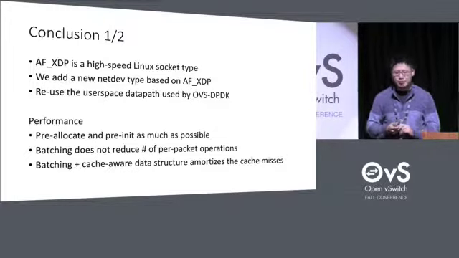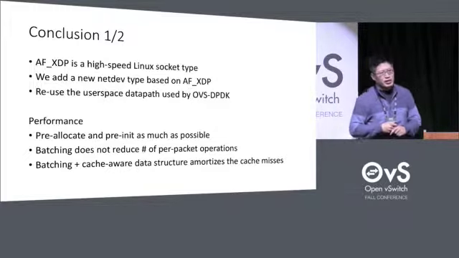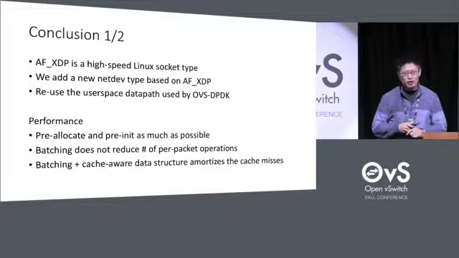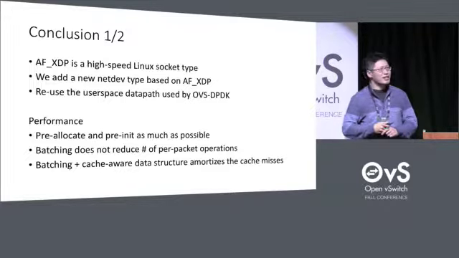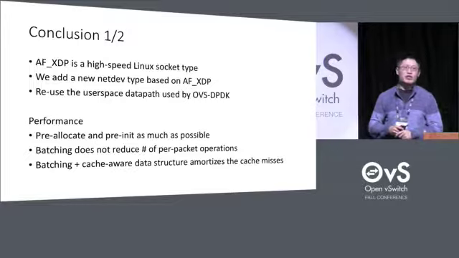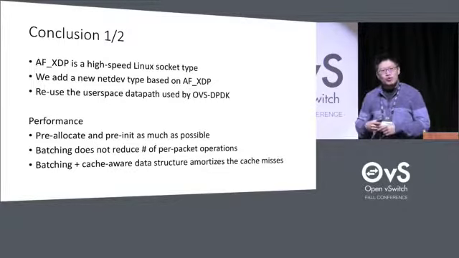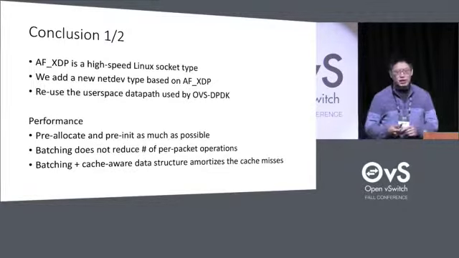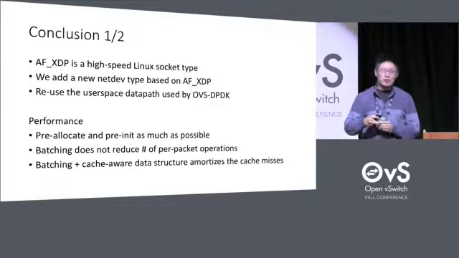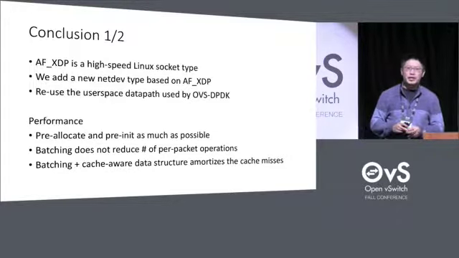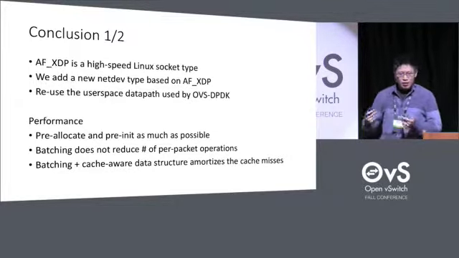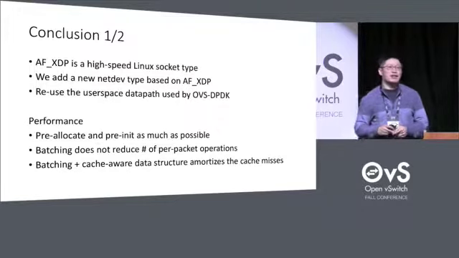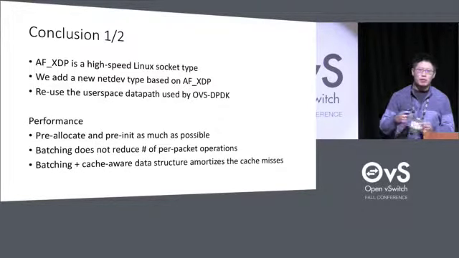And to get a high packet rate is pretty hard, so we have to do a lot of performance optimization. We have to do pre-allocation and pre-initialization as much as we can, and we have to batch process all the packets. Pre-allocation and pre-initialization actually reduce the number of operations we need to do per packet.